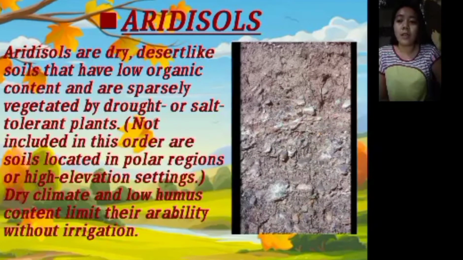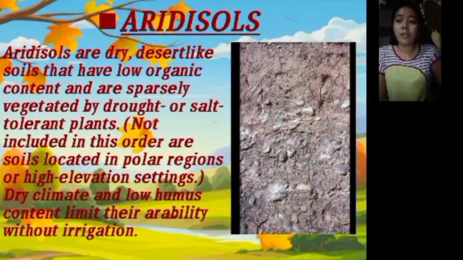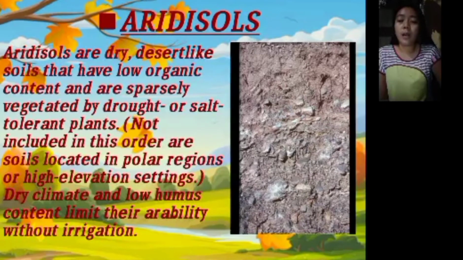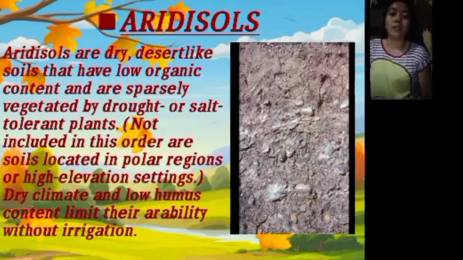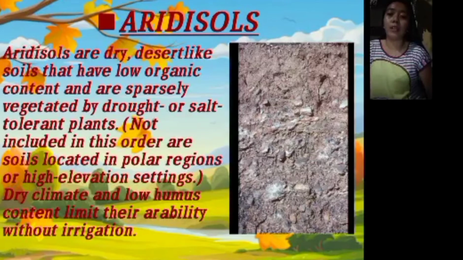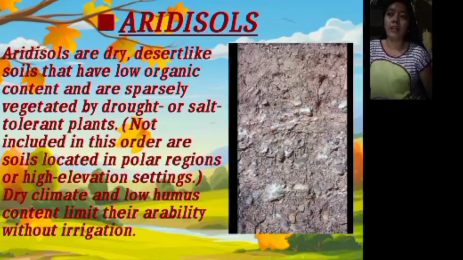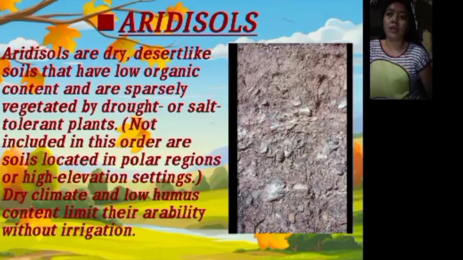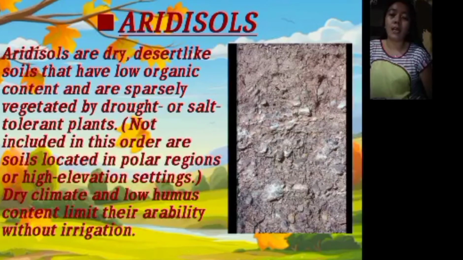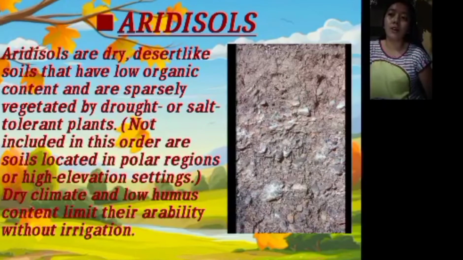Dry climate and low humus content limit their arability without irrigation. In aridisols, a layer of calcium carbonate, gypsum or hydrated calcium sulfate, or cemented silica is present below the surface horizon.